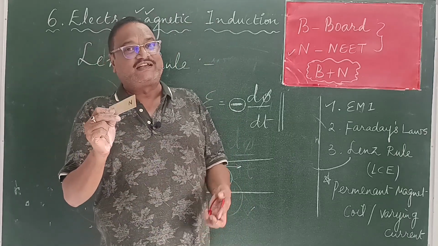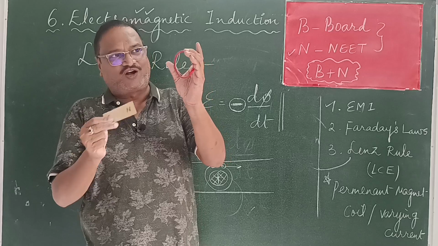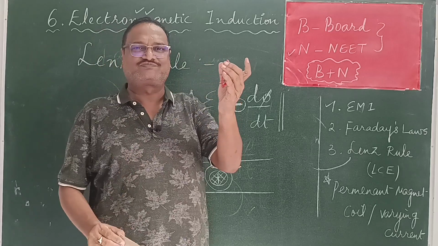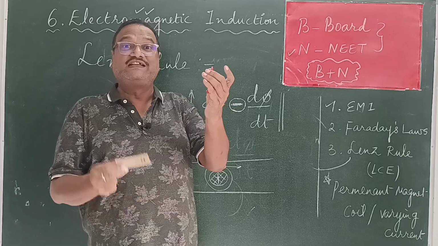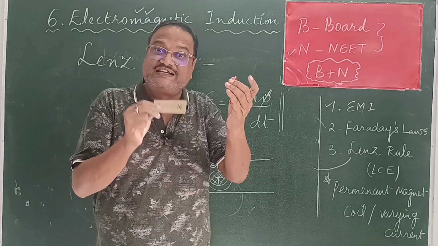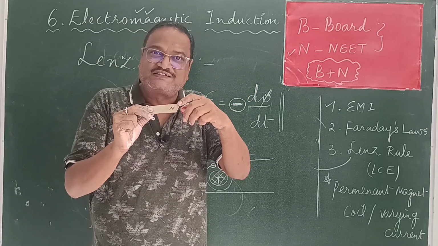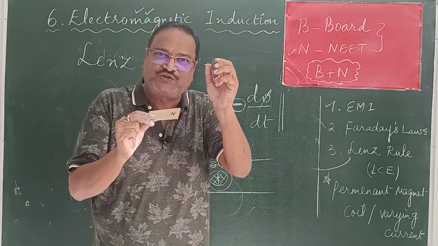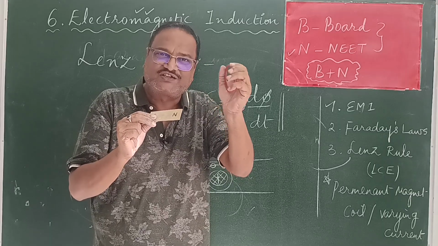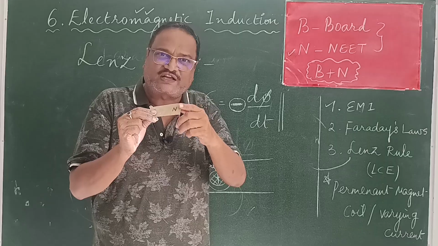The direction of the induced current, anti-clockwise, north pole, is such that it opposes the cause. Who is producing this current, induced EMF? The magnetic field, magnetic flux.